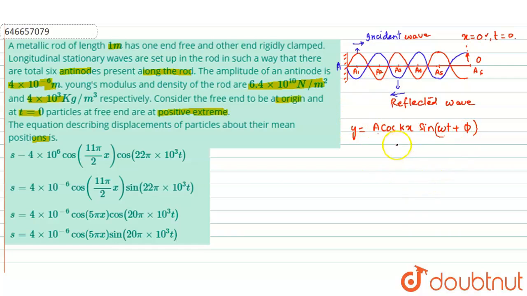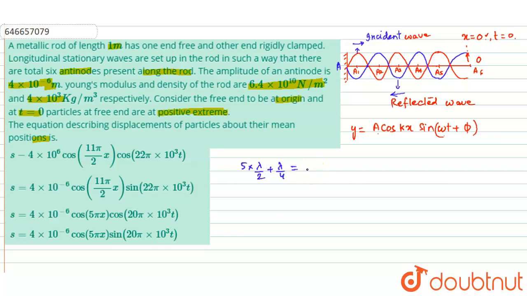So let us first find the value of k. How do we find k? You can see here this distance is lambda by 2, and how many such distances are there? This is lambda by 2 plus lambda by 2 plus lambda by 2 plus lambda by 2, so we have 5 times lambda by 2 plus lambda by 4.